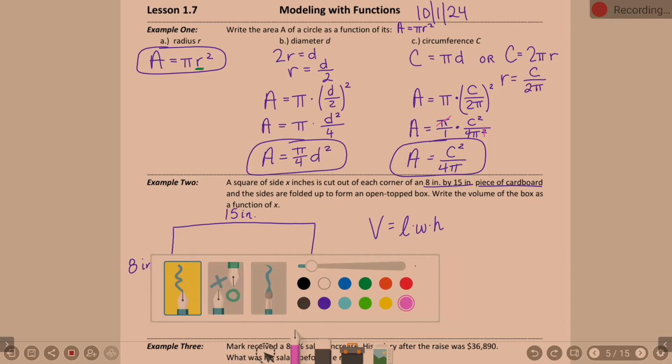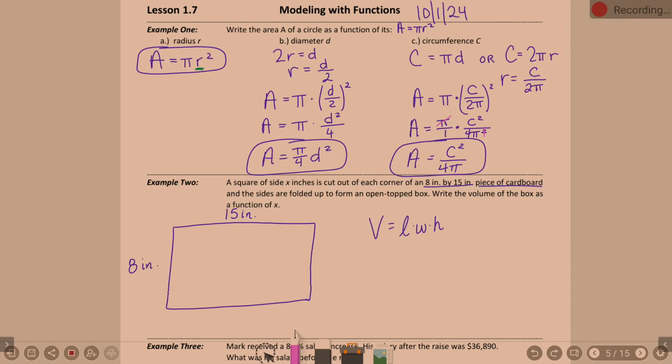So, are you with me so far? A square of side x inches is cut out of each corner. So right here in this top corner, there's a square x by x cut out. In this other corner, there's a square of x by x. And x by x cut out.